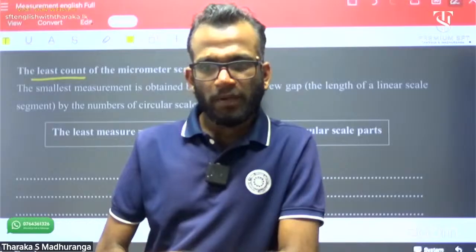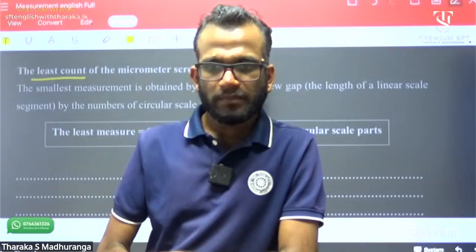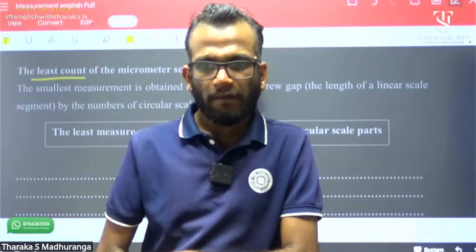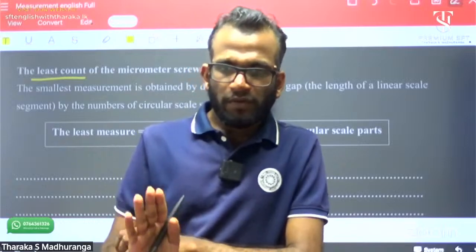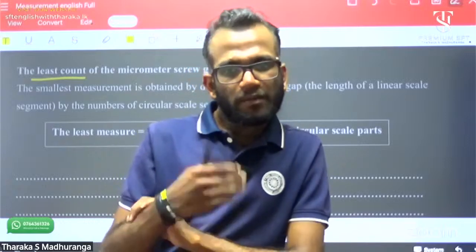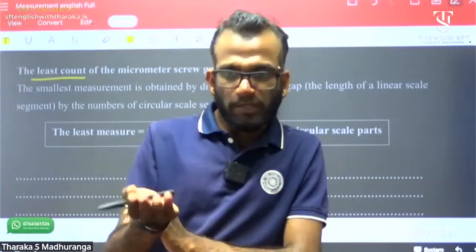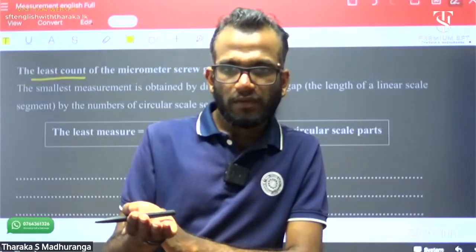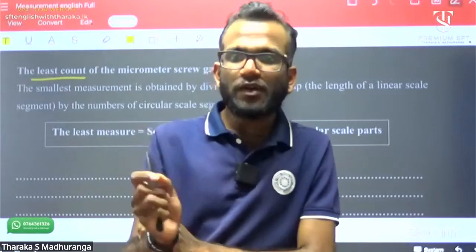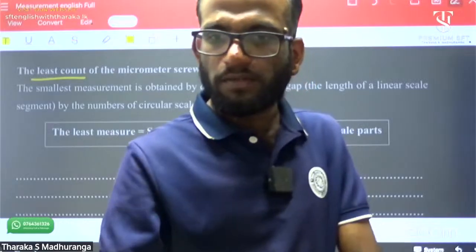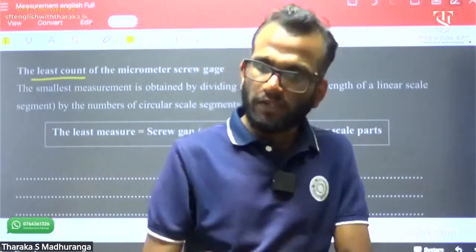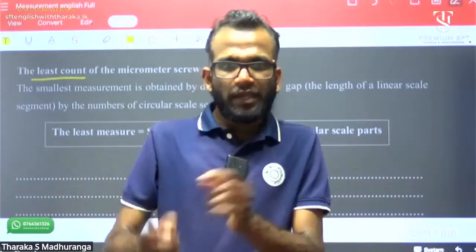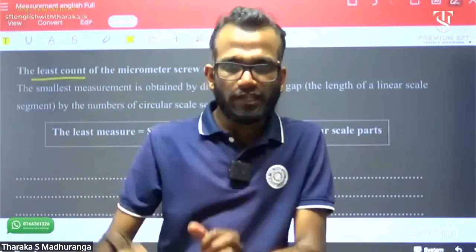Those are for reading the measurement. I asked for the least count equation. Yes, MSD minus VSD: main scale division minus vernier scale division.